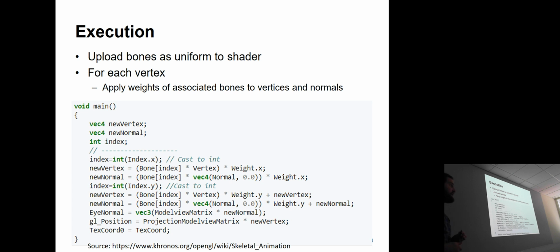And here the implementation is very simple. The bones are defined as uniforms uploaded to the shader, and then we iterate through each vertex and then through each bone, get the weights and the impact those bones have on the vertex, and multiply them with the rotation matrices.